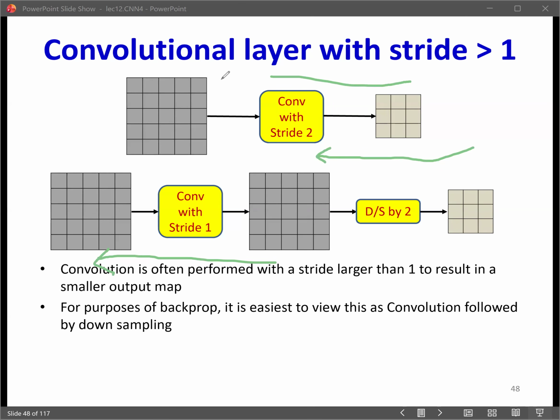So rather than computing derivatives directly for convolution with a stride of 2, there is the realization that it's a regular convolution with a stride of 1 followed by downsampling. And so backpropagation is first going to backpropagate through the downsampling and then through the convolution with a stride of 1. That makes sense to everybody?